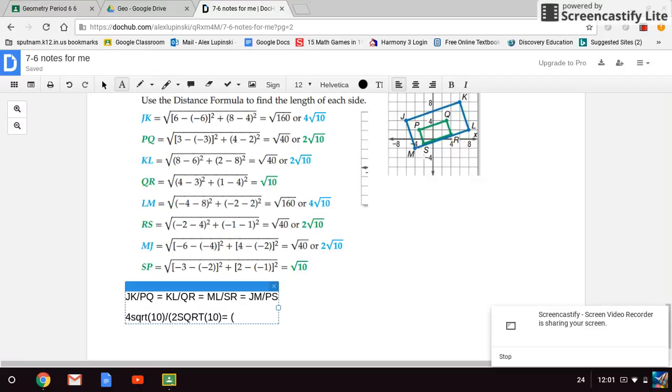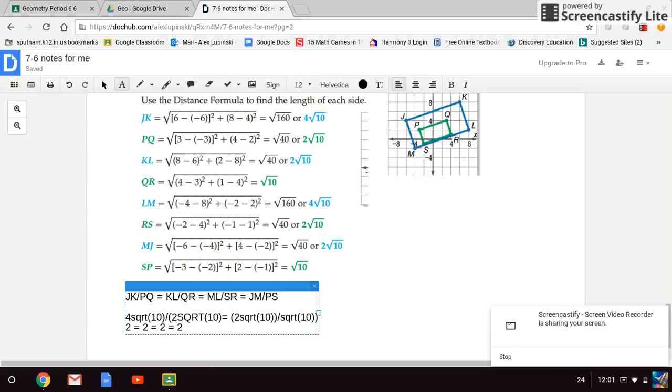I'm just going to do the first two because you're going to see a pattern. 2 square root 10 and QR is just square root of 10. You would keep doing this, but you would notice that you would get 2 equals 2 equals 2 equals 2. Those are all the same.